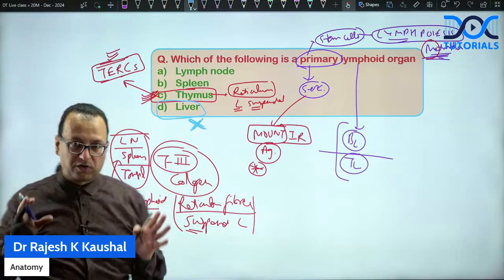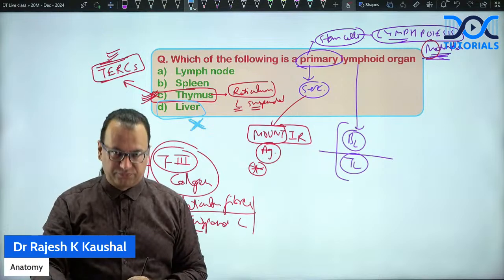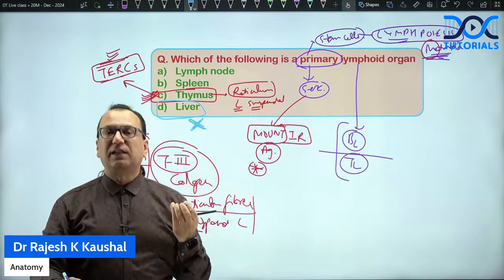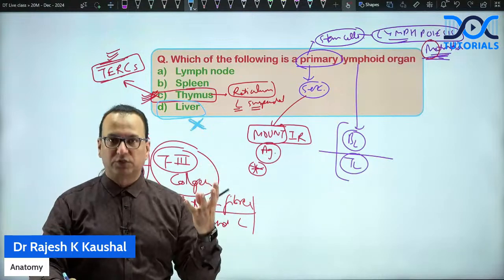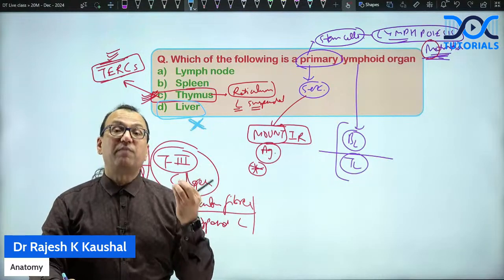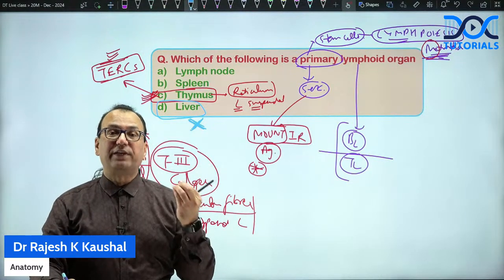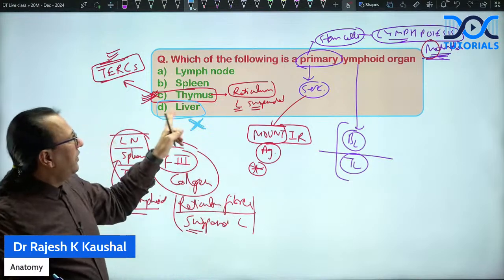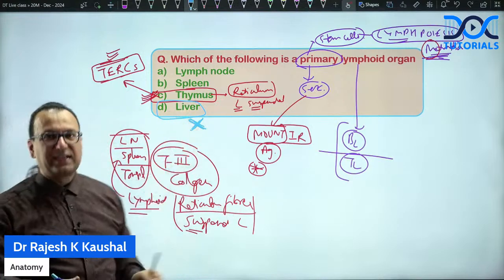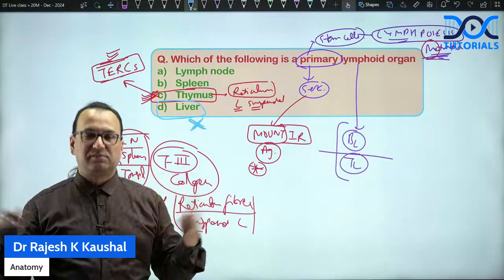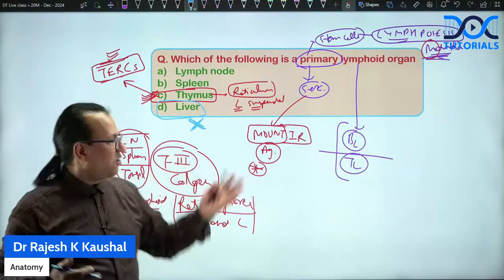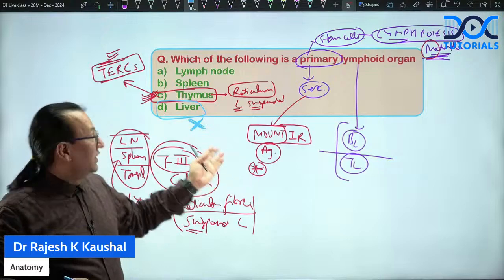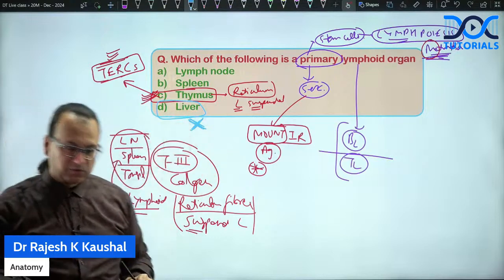It is not a lymphoid organ as such, though it will have, say, Kupffer cells for mounting the immune response, but Kupffer cells came from the bone marrow. They are resident macrophages, but they came from bone marrow. So you cannot classify liver as a lymphoid organ. Primary, secondary is next. First of all, it is not a lymphoid organ at all. So we'll keep our answer as choice C here.